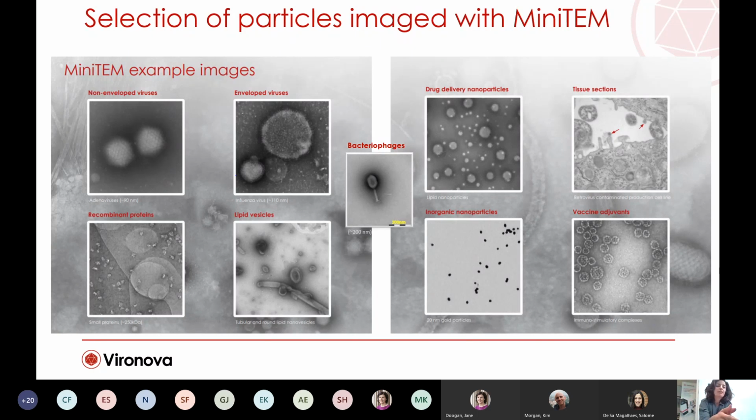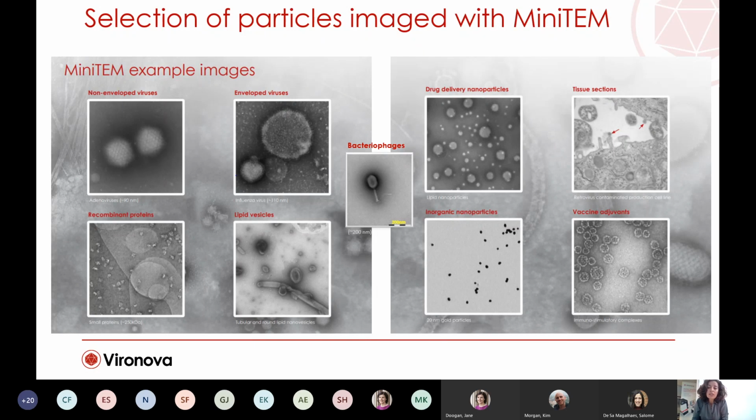We can look at smaller things like larger recombinant proteins. And of course, we can't get the same kind of detailed information from them, but we can look at their particle size distribution, and if we're detecting any aggregation in the sample. We can look at lipid vesicles. We can look at drug delivery nanoparticles. We can look at tissue sections, so thin sections, and look for retroviruses. And here at the bottom, this is one of our smaller particles.